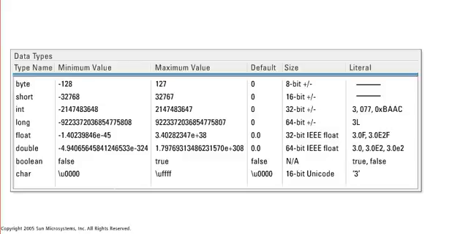Then for the floating point values, we have 2 of them, float and double. The float takes up 4 bytes of memory, and the double takes up 8 bytes of memory. And they can hold a wide range of values, as we can see from our chart. Lastly, the boolean can hold values of false and true, as I mentioned before, and the char can hold a 16-bit Unicode value.